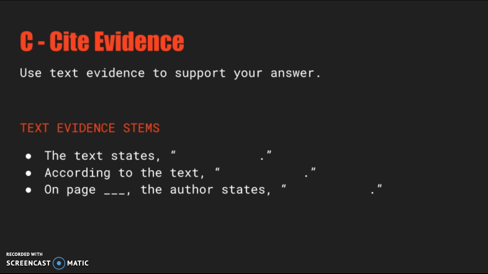Then according to the text, and again you would put your quote from the text, or on page, insert page number, the author states, and then you'd write your quote from the text. This helps you to make sure that you are 100% right in your answer and that you are strategically answering the question and backing it up.